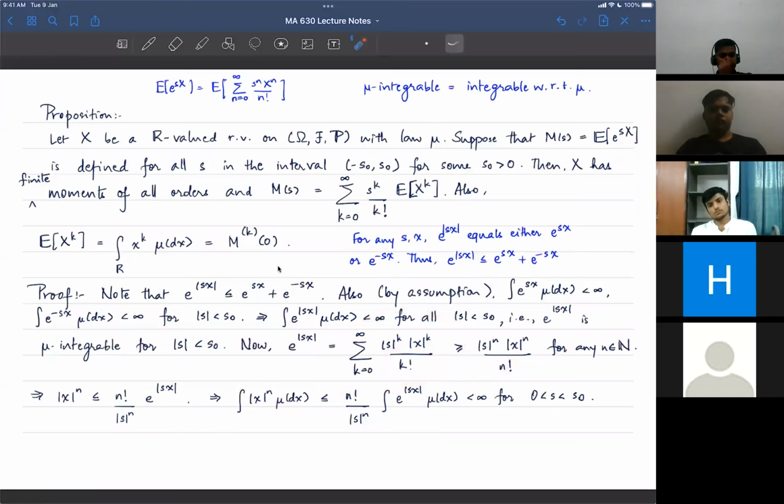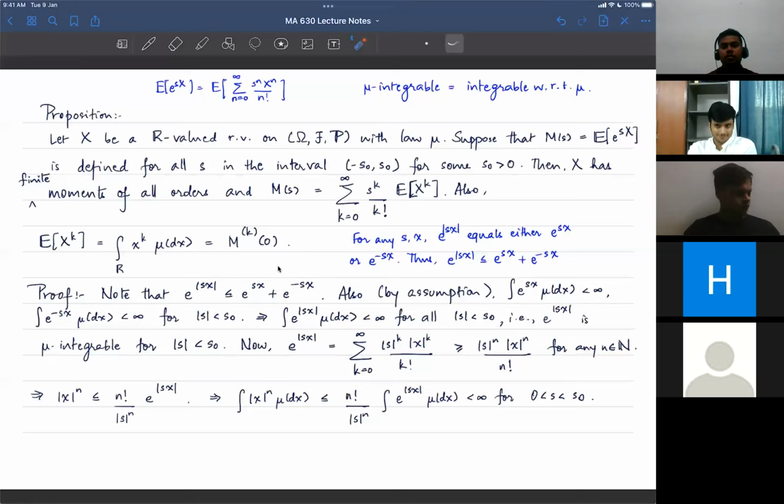If you add up a whole bunch of non-negative numbers, the result has to be bigger than each of the numbers you added. So this has to be greater than or equal to mod S to the n, mod x to the n over n factorial for any n. You guys with me? If I'm adding 10 non-negative numbers, the sum has to be bigger than each of the numbers I added. So this is true for any n.